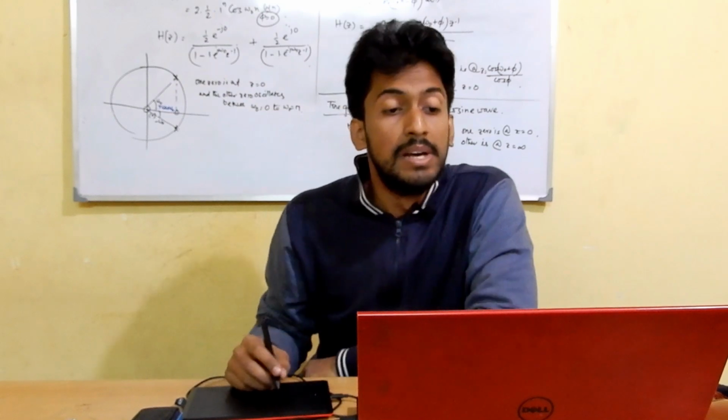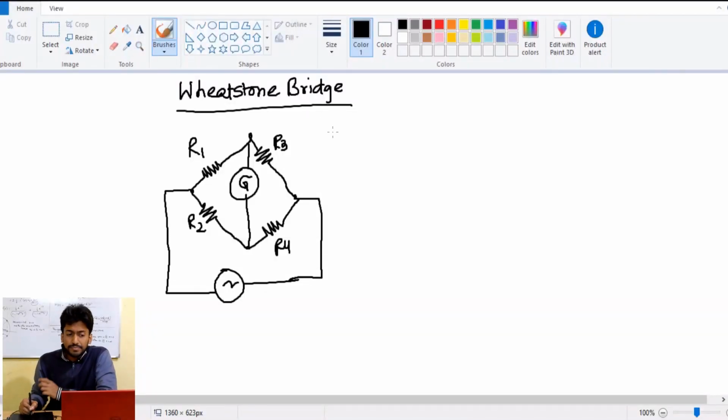Okay, let's start. Now, as you can see, this is a Wheatstone bridge that we are having. What is the principle of the Wheatstone bridge actually? It applies whenever a balanced bridge is there. What do you mean by a balanced bridge?